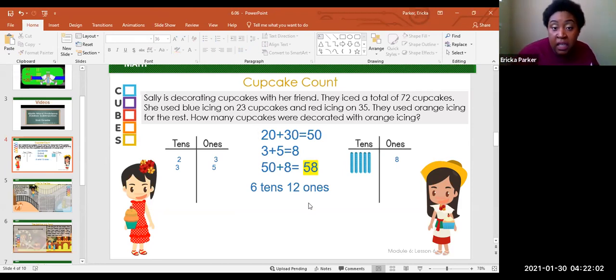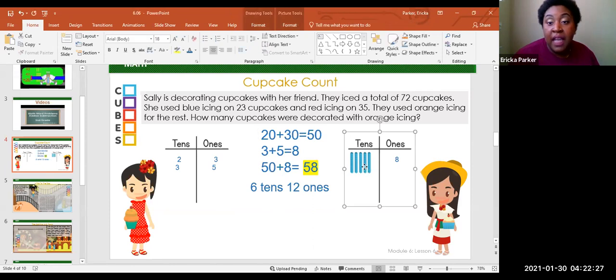So, if we are looking at this problem here, and we got 6 tens and 12 ones, and you are using the tens and ones method, this is a perfect example of the tens and ones method. You are going to let me break this down.